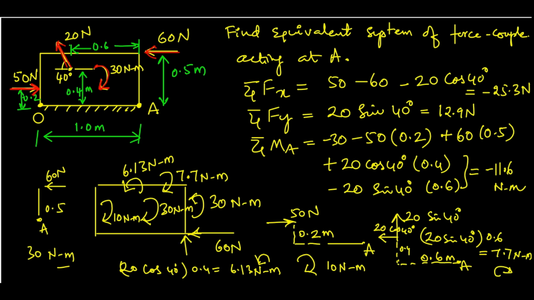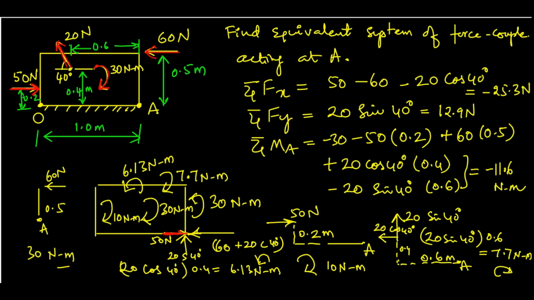So 20 here, and then 60 plus 20 cos 40 degree, and here you have 50 Newton acting like that, and your 20 sine 40 degree.